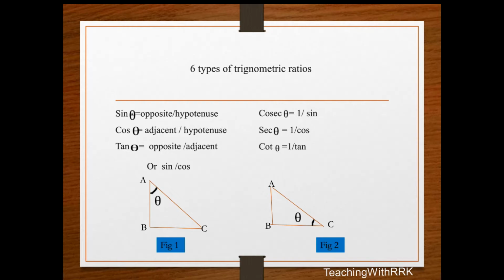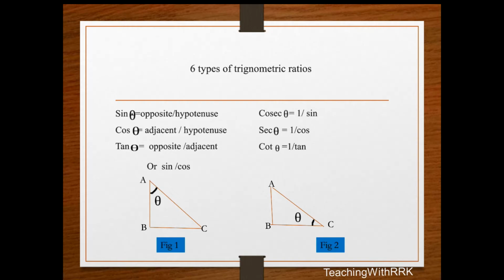For the first figure, cosec theta is AC by BC. Second figure, cosec theta is AC by AB. Sec theta is 1 by cos theta, that is hypotenuse by adjacent: AC by AB for the first figure and AC by BC for the second figure.